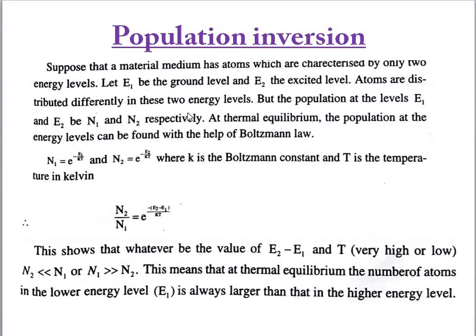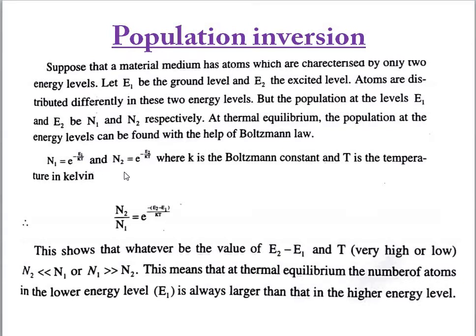Normally, when this material is at thermal equilibrium, the number of atoms present in each level can be found from Boltzmann's law. We know from Boltzmann's equation that N1, the number of electrons present in the ground state, is given by e raised to minus E1 by kT, and N2 is given by e raised to minus E2 by kT.